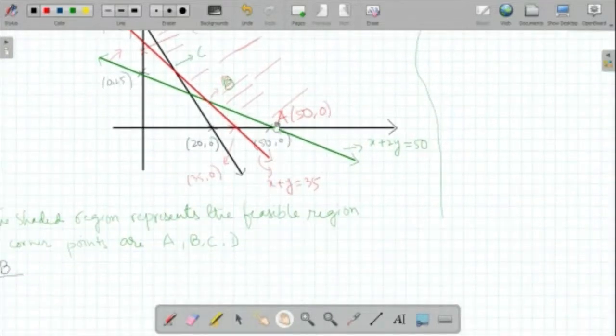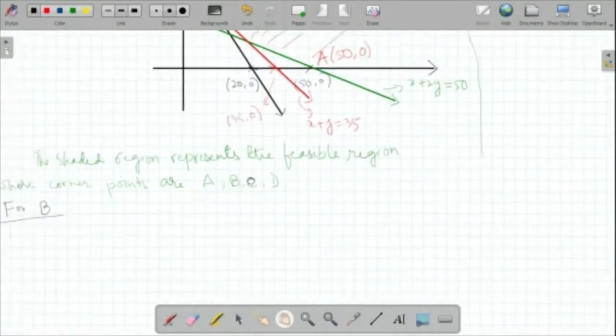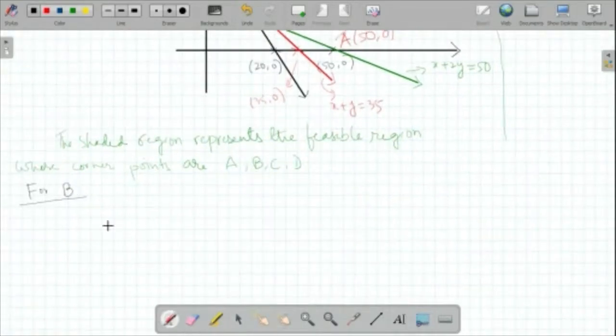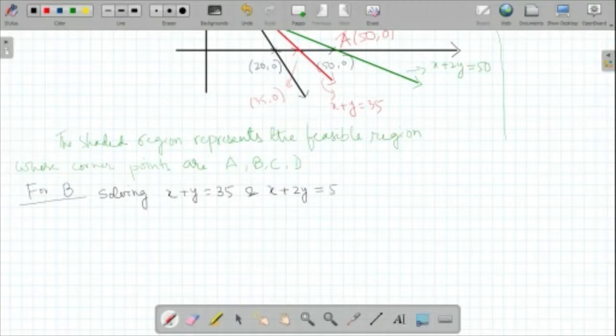And what is the green line? This is x plus 2y equal to 50, and what is the red line? x plus y equal to 35, right? So we will say solving x plus y equals 35 and x plus 2y equals 50.